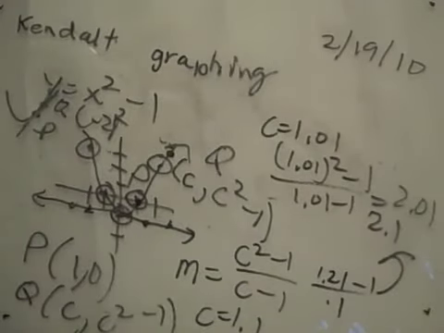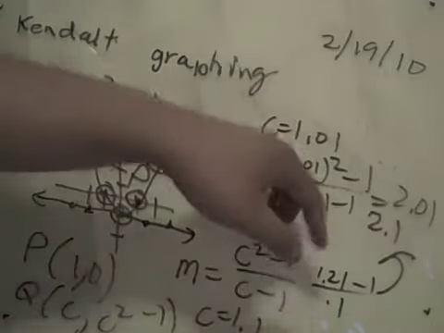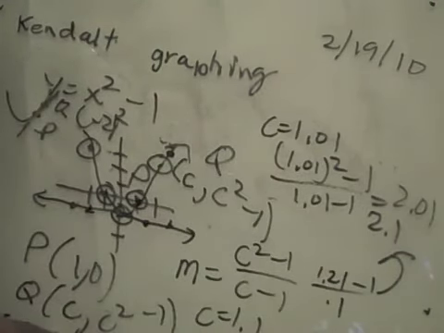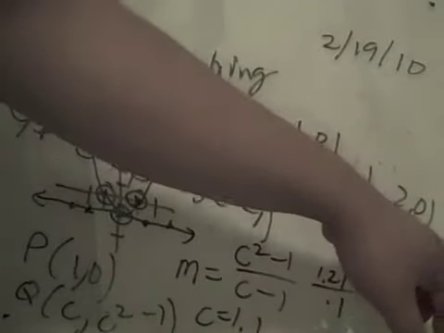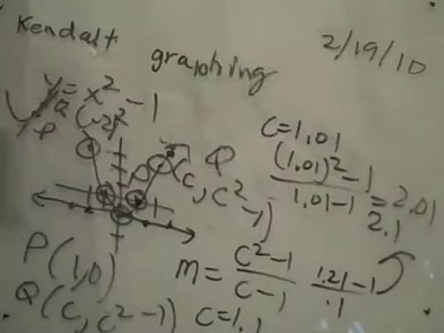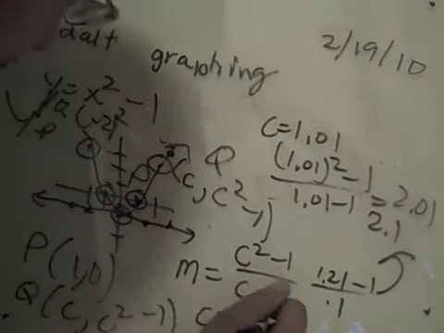Let's figure it out. Yes, 2.01. As you can see, as we get closer and closer to 1, this value gets closer and closer to 2. You can try it with 1.001. You'll get 2.001 for the answer. So we're just going to say that this is equal to 2.